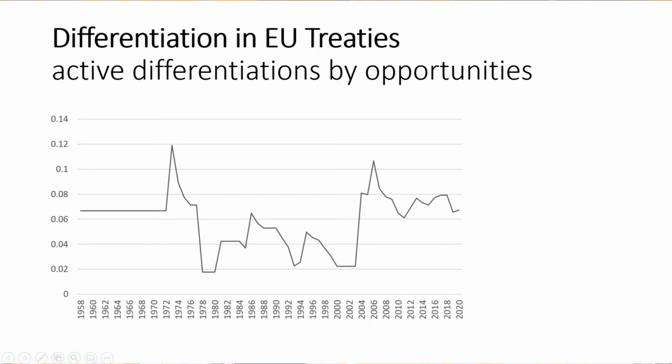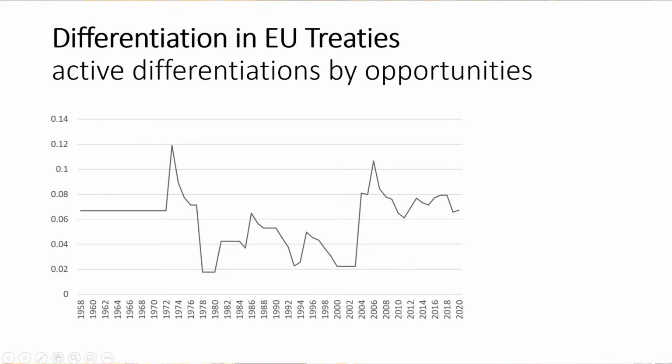So what this graph shows is first that, if you look at the treaty article production of the European Union overall, differentiation is actually not a big thing, quantitatively.